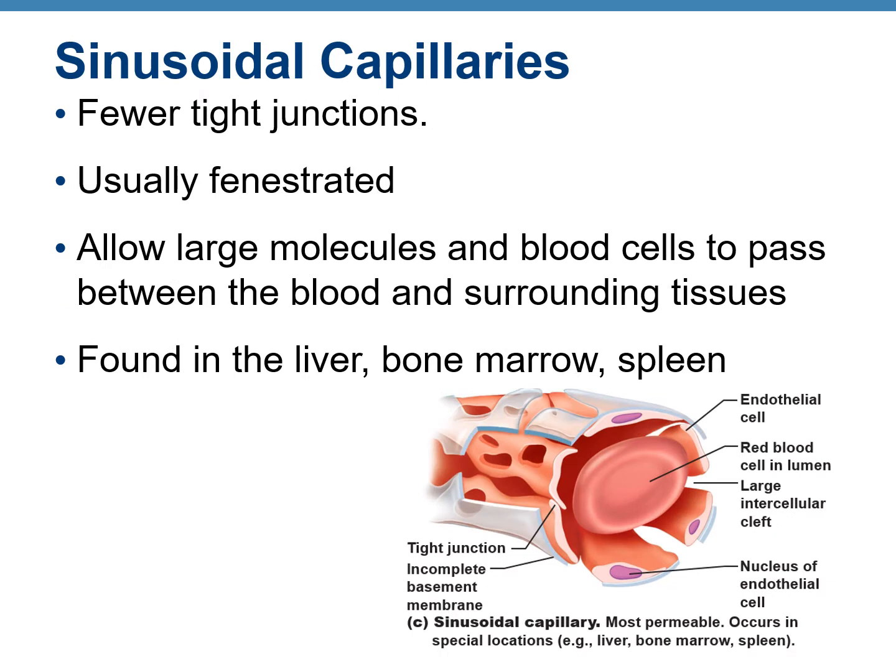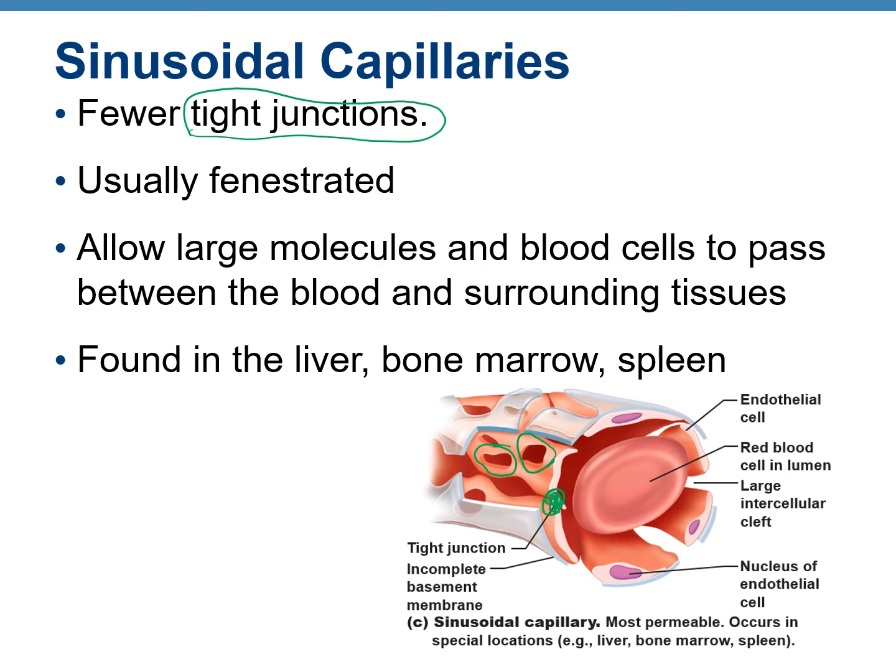The last type of capillaries are sinusoidal capillaries. If you look at sinusoidal capillaries, they also have these pores, so they also have fenestrations. But they have fewer tight junctions. That means cells are not always connected to each other.